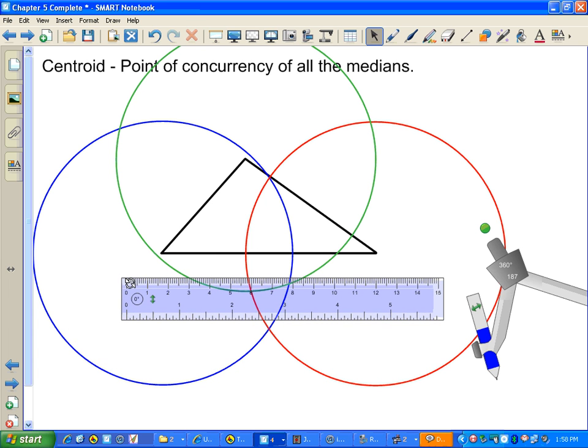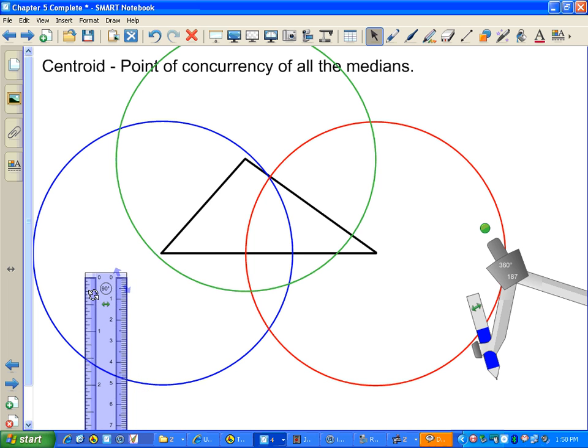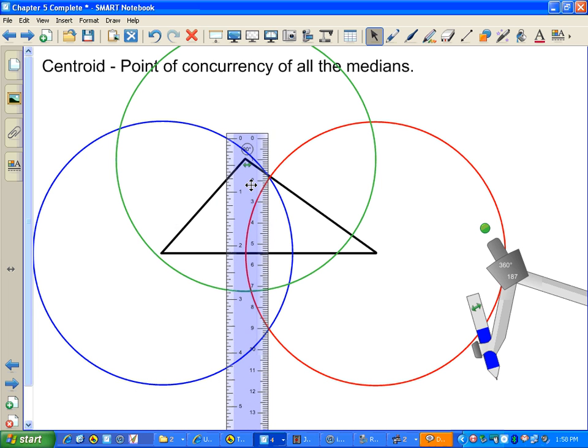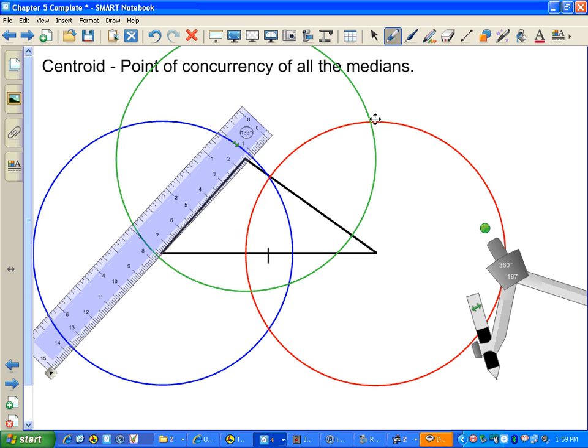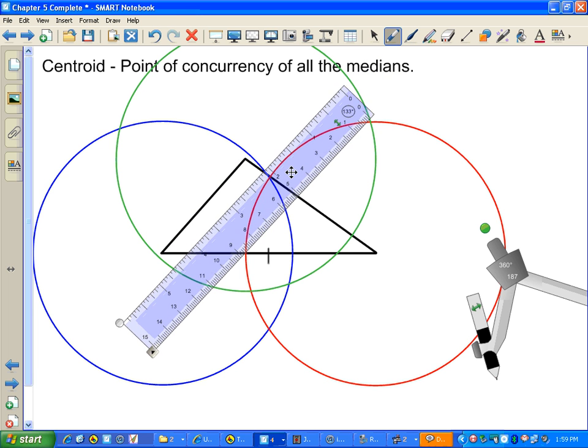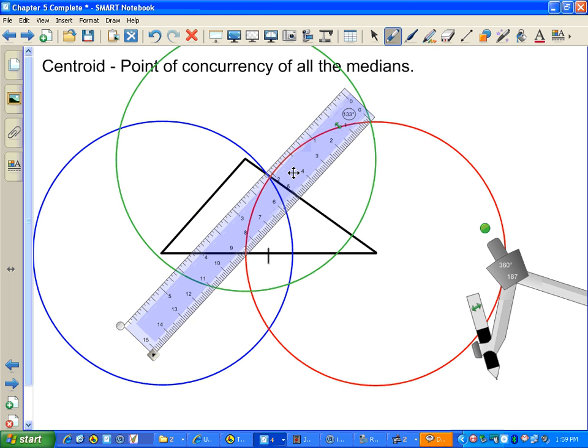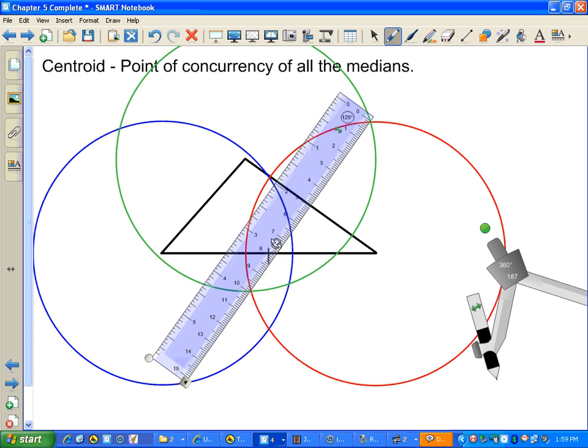So I can mark that. Here's that midpoint. If I find the intersection of the green and the red, okay, that'll give me the midpoint of this other side.